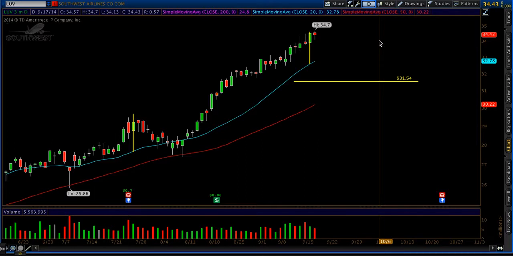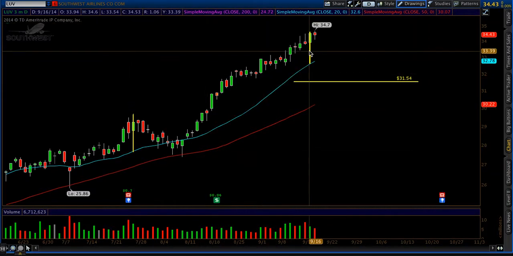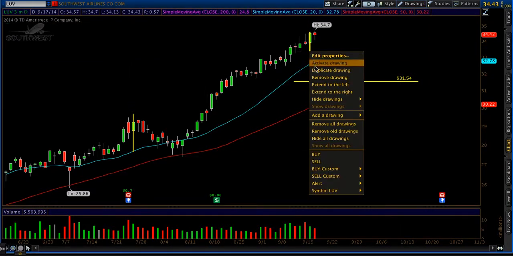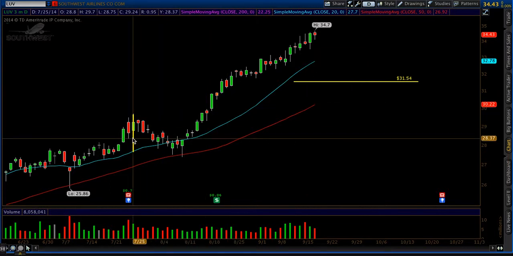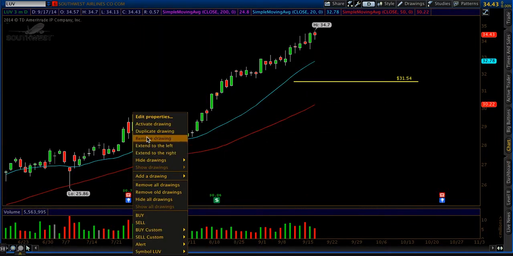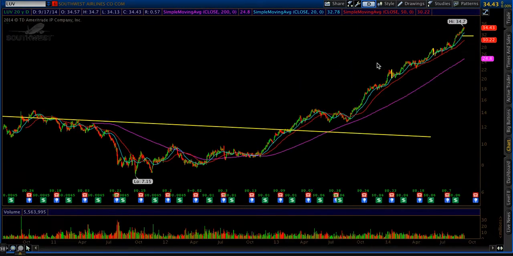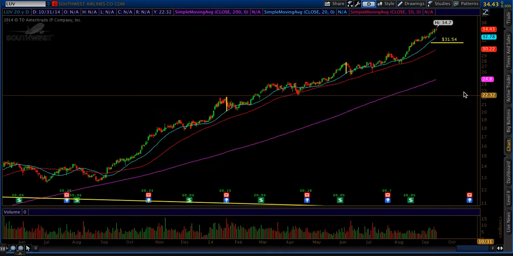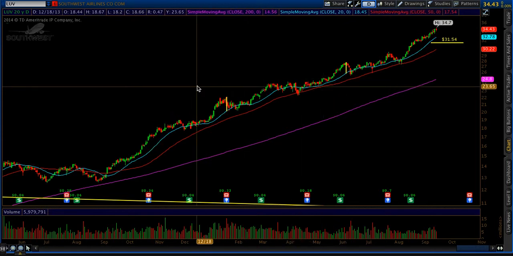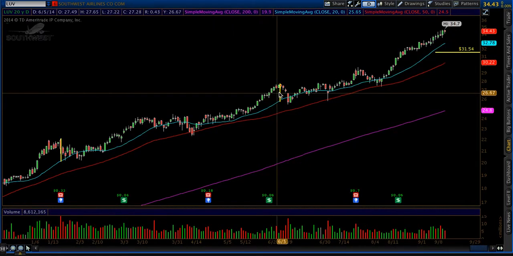All right, I'll keep this very short. Hopefully it makes sense. I'll remove that line. I'm going to go through this again and show you guys what those lines mean.